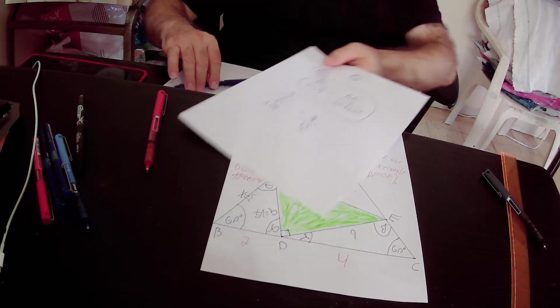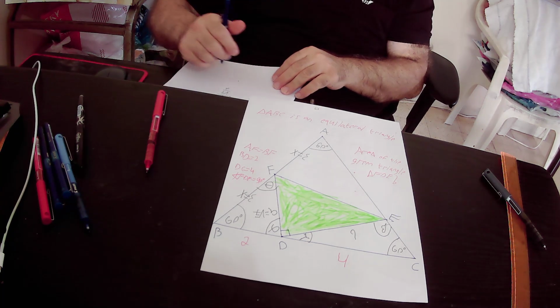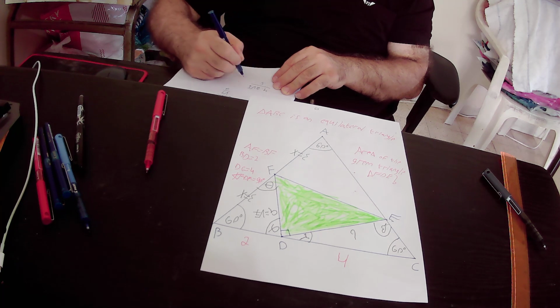We'll get 4 times 2 times root 7 over 5 equals 2b over root 3.